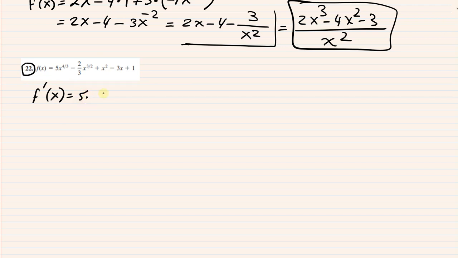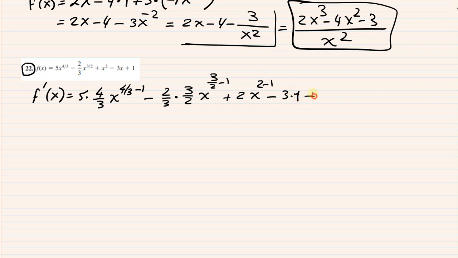Now I'm going to bring 4/3 in front, x to the 4/3 minus 1, right? 4/3 minus 1, negative 2/3. Bring 3/2 to the front, x to the 3/2 minus 1, plus x squared, bring 2 in front, subtract 1 from 2 in the exponent. Constant multiple, the derivative of x is 1, the derivative of a constant is 0.